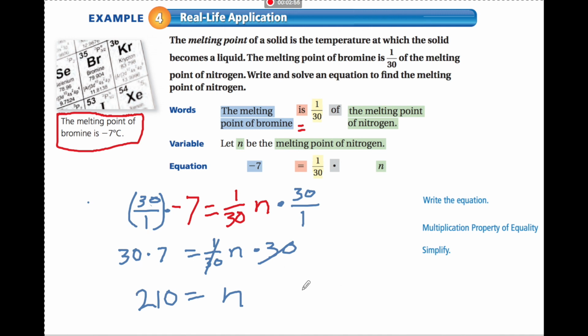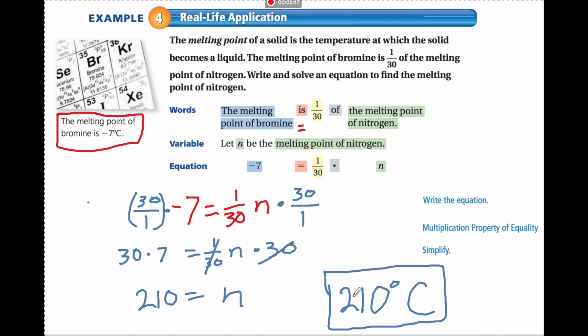So our final answer is going to be N is equal to 210. So we know that the melting point of nitrogen is 210 degrees Celsius, because that's what we were working in the problem. So our final answer is going to be 210 degrees Celsius. Don't forget to label your answers.